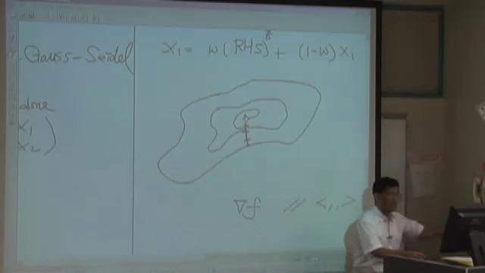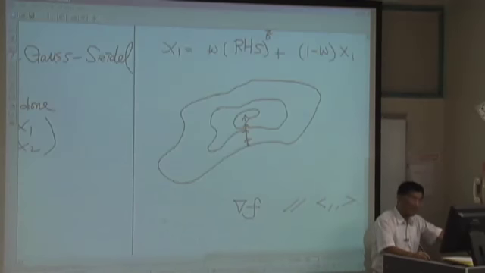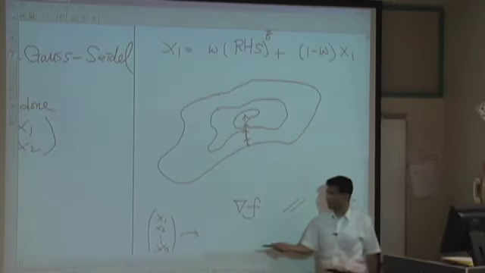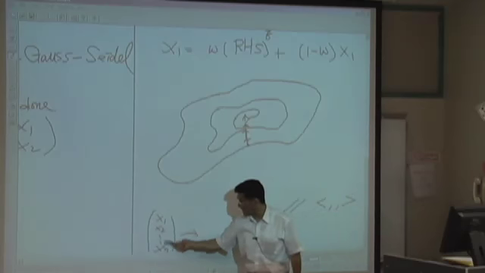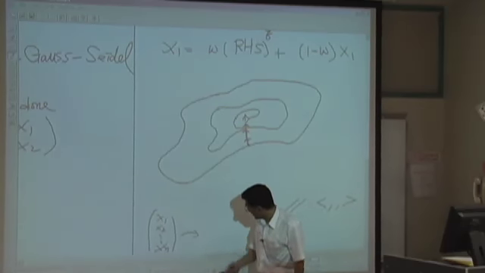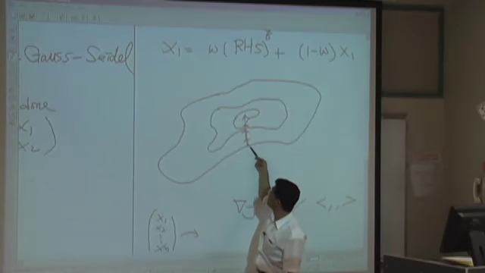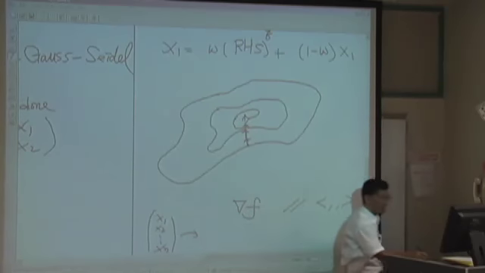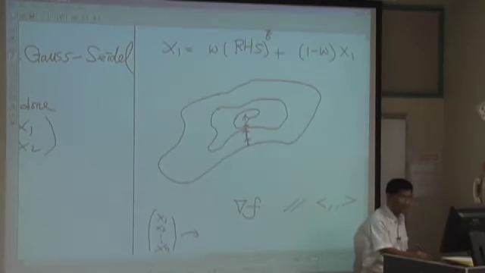In other words, initially we started with x1, x2, x3, and so on, xn. So we start off with some point. And then next time, when you determine the next set of numbers, we follow this kind of thing to create a new set of values.